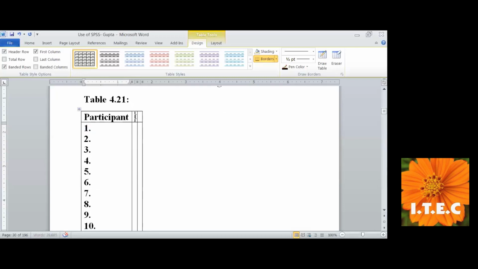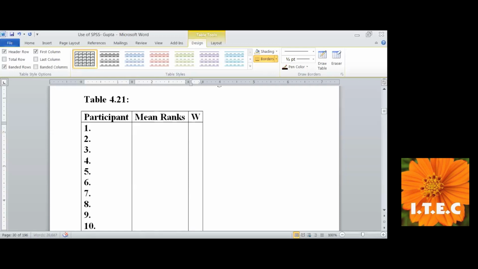And here you have your mean ranks. And here is your W value.